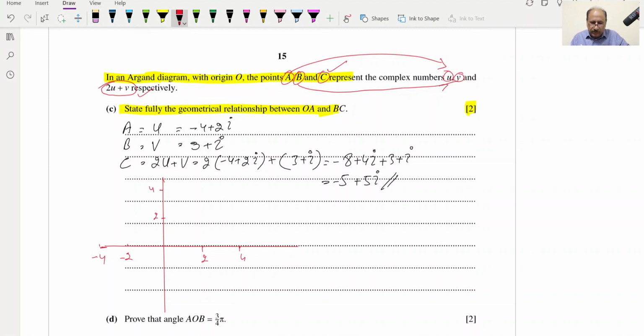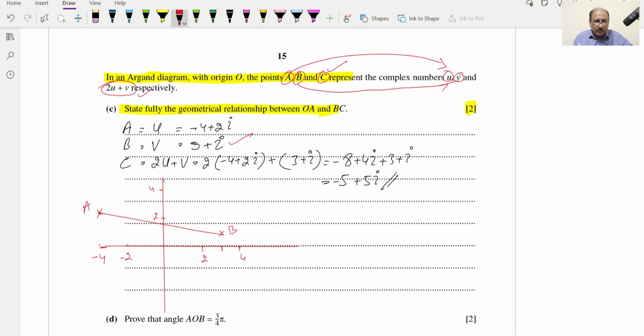Now B point is what? B is 3 minus iota. So 3 will be in the middle of this one and 1 will be in the middle of this. Roughly I'm taking B over here, and A point will be -4 and 2 iota, so -4 and 2 will be around here. So we can take this one as A, and AB will be this one.